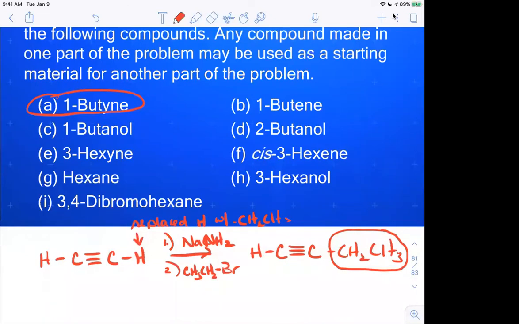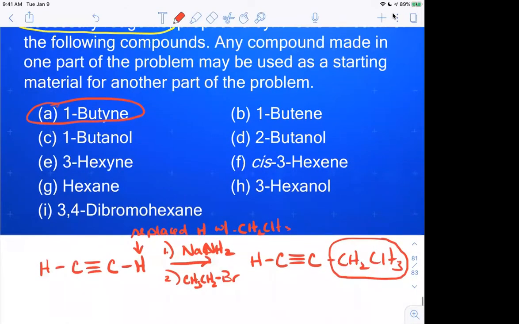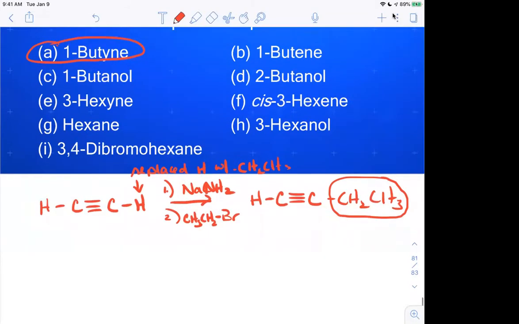Now, notice here, any compound made previously can be used as a starting material. So now I want to be able to go to 1-butene. So this is a double bond. Is there a way I can go from that alkyne to the double bond?